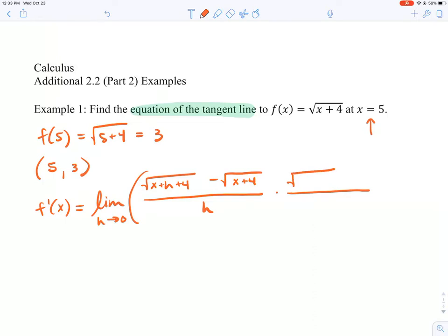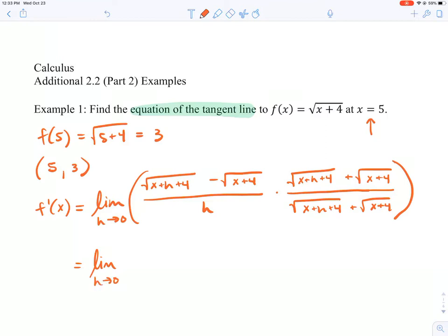So we will try and rationalize the numerator by multiplying by its conjugate, which will be the square root of x plus h plus 4 plus the square root of x plus 4 over itself. If you need to, draw parentheses, like draw the grouping symbols around the numerator and denominator just to remind you that the division bar is a grouping symbol.